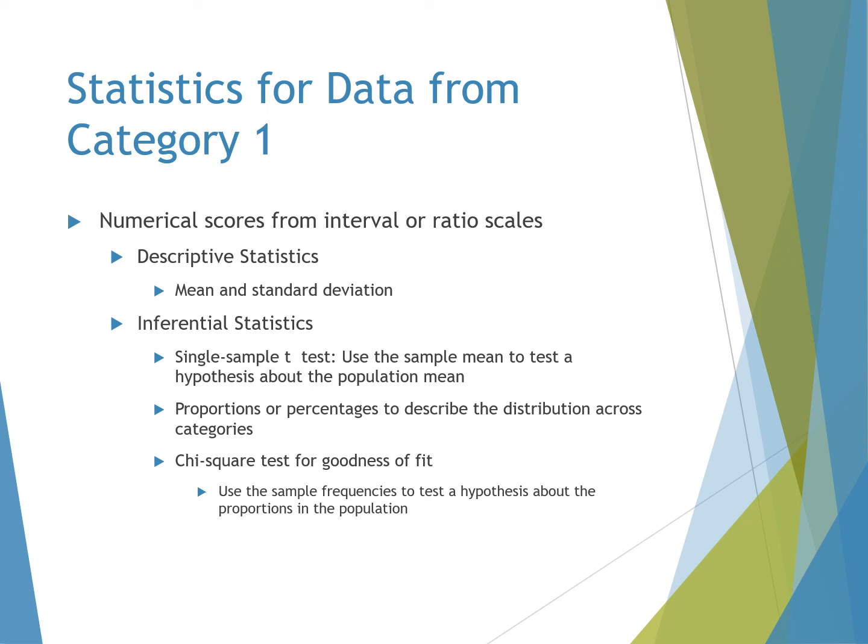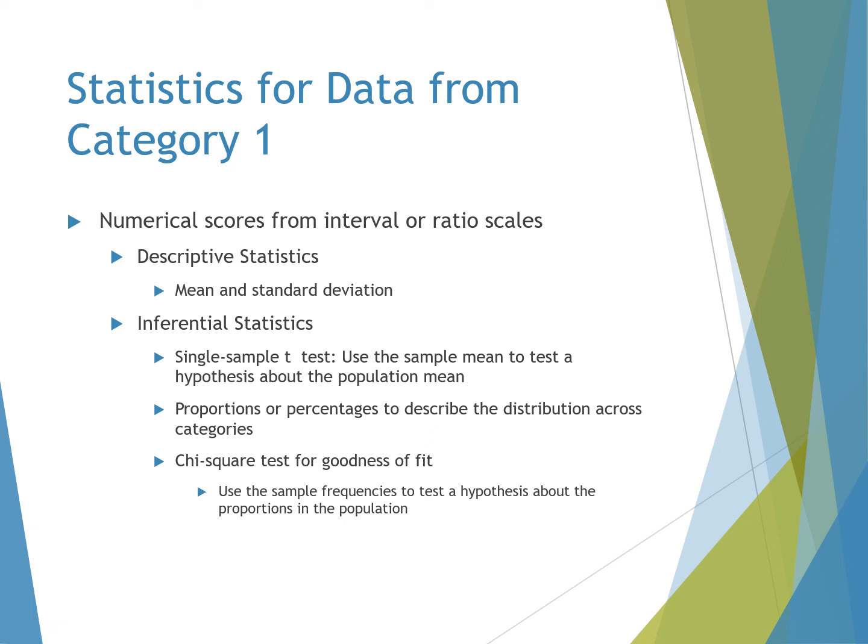This is when we might use that one sample t-test we talked about in the beginning of the semester. Generally with descriptive statistics, we're talking about numerical scores from interval or ratio scales. We can look at descriptive statistics like the mean and standard deviation. We can look at a single sample t-test if we have a specific number we're comparing it to.